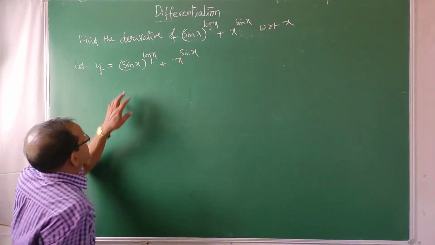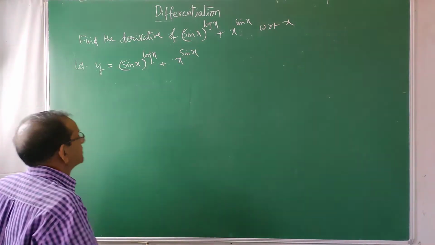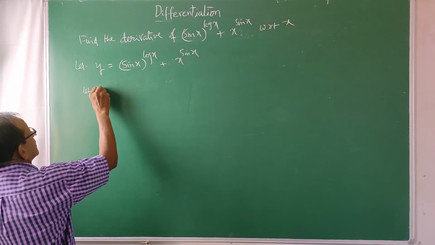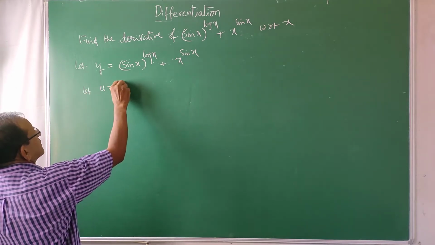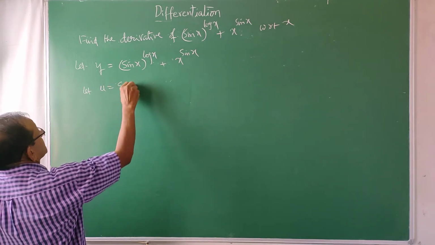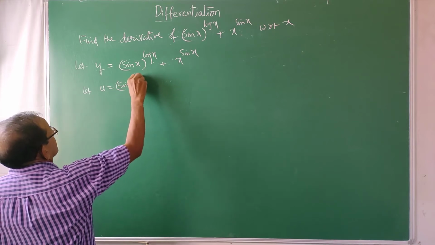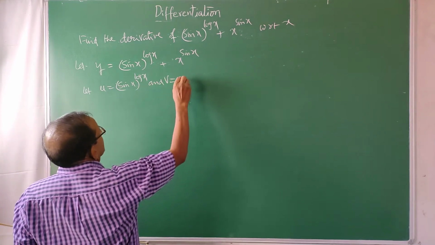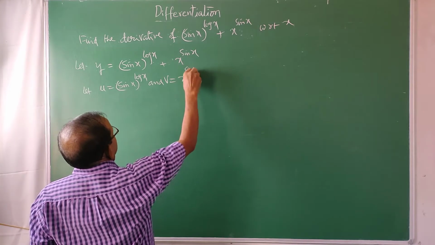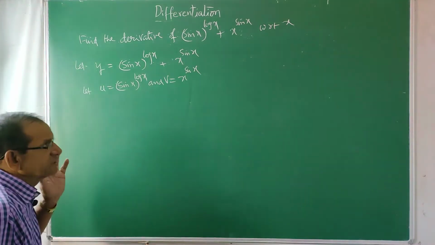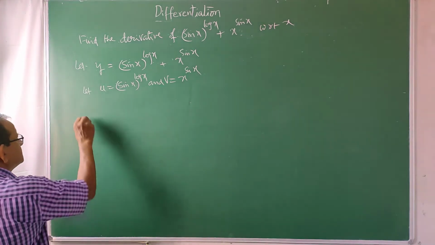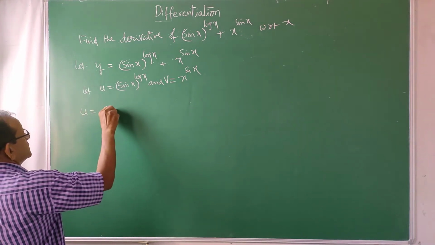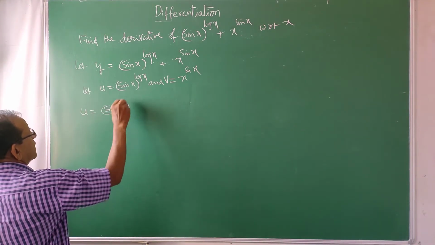So, take the first term as u and second term as v. Let u is equal to sin x power log x and v is equal to x power sin x. First you take u value. U is equal to sin x power log x.